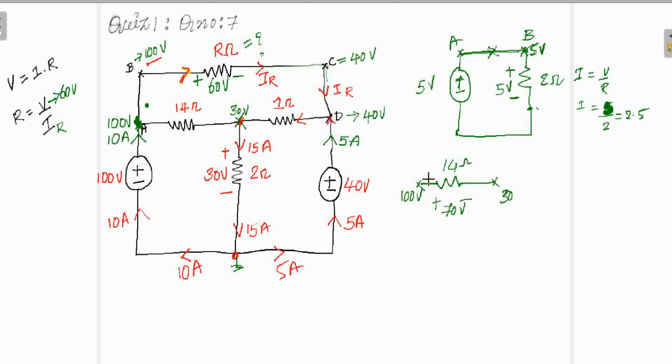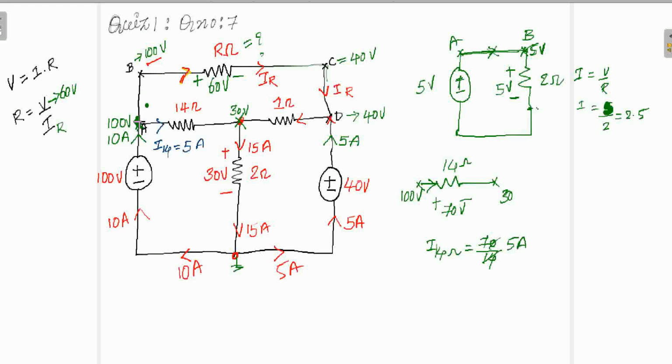So what will be the current now? So current in 14 ohms is 70 by 14, that is equal to 5 amps. So here we got I14 is equal to 5 amperes.